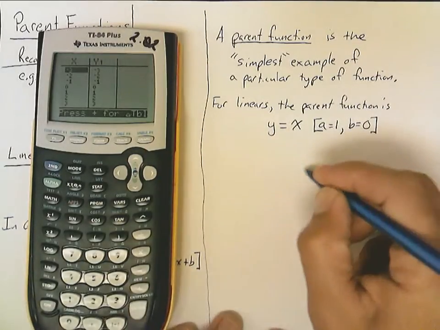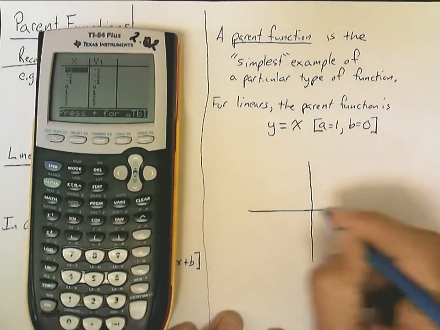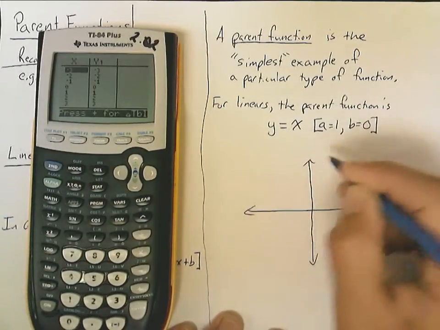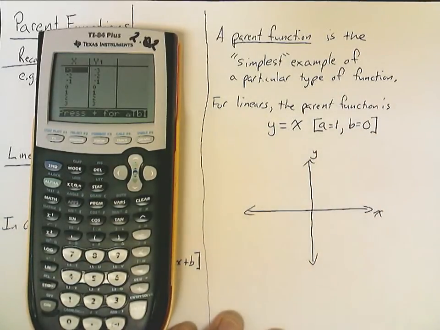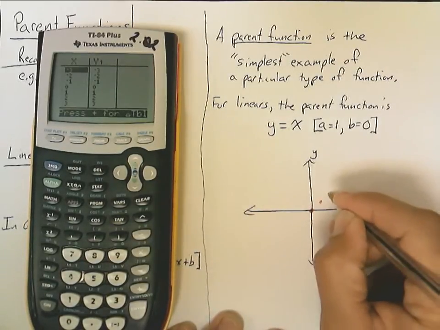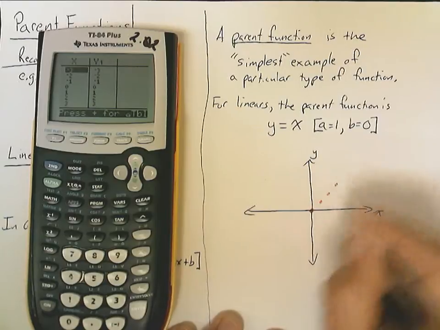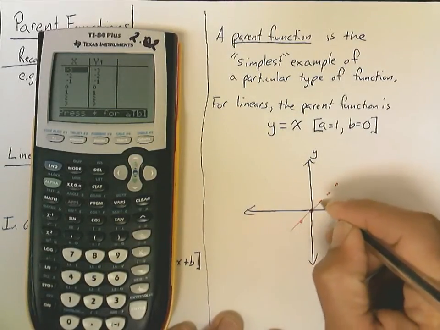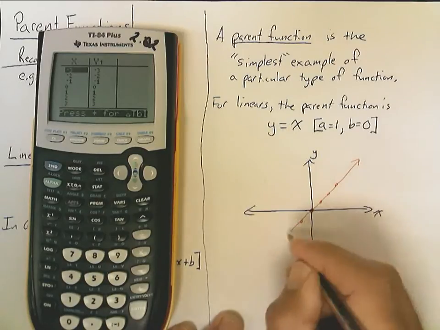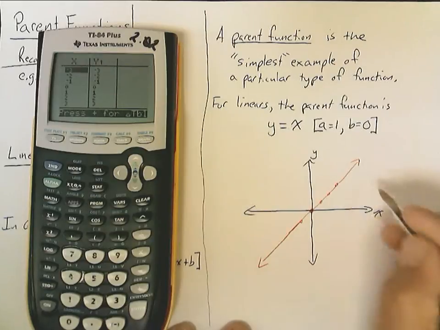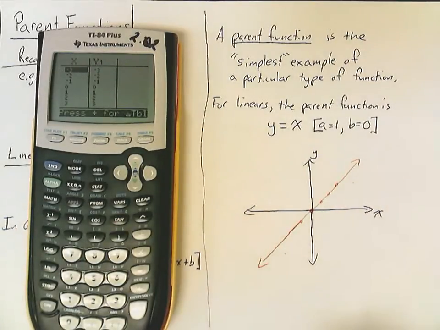So if you want to graph this, I'm just going to do a quick sketch here, x-axis, y-axis. These are going to be points like 0, 0, 1, 1, 2, 2, 3, 3, negative 1, and so on and so forth. You see it's a nice straight line going at a 45-degree angle right down in between the two axes in the first quadrant and the third quadrant. And that's the parent function for linears.